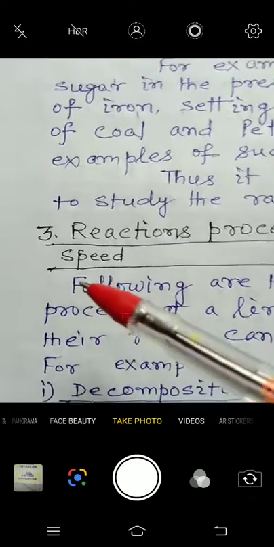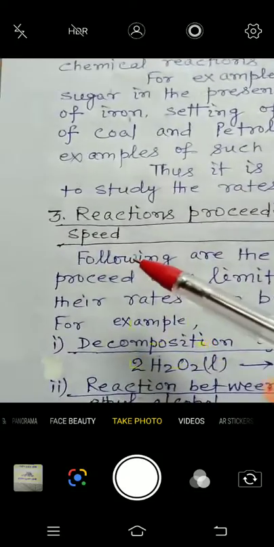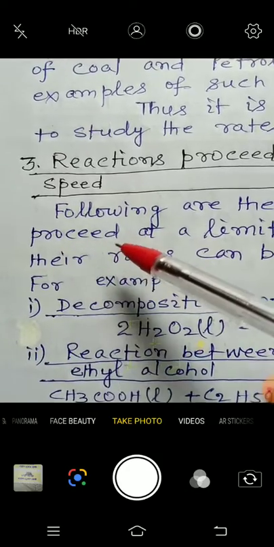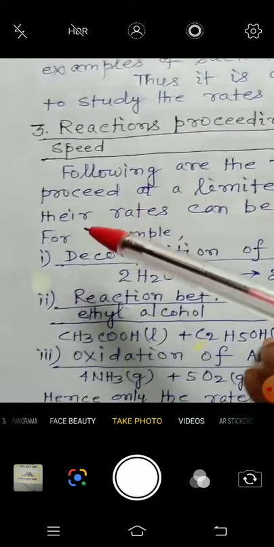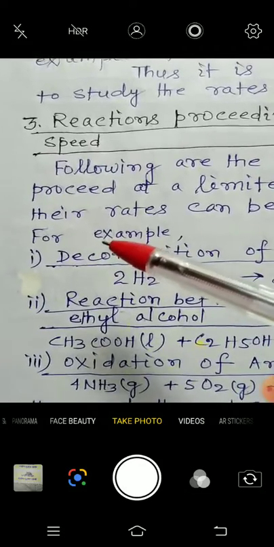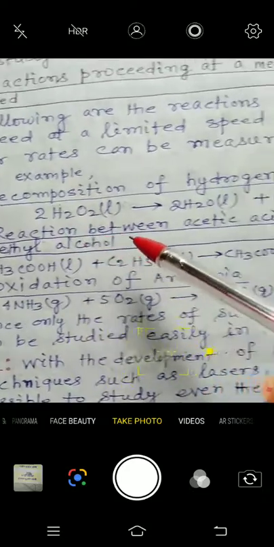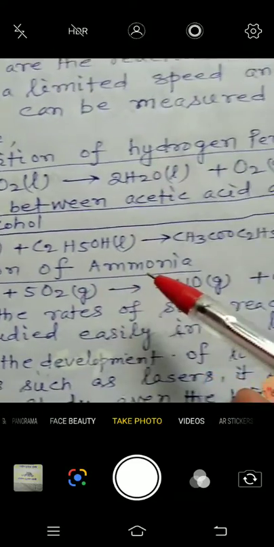Now, the third type of reaction is reactions proceeding at a measurable speed. Following are the reactions which proceed at a limited speed and their rates can be measured. For example, decomposition of hydrogen peroxide, reaction between acetic acid and ethyl alcohol, oxidation of ammonia.